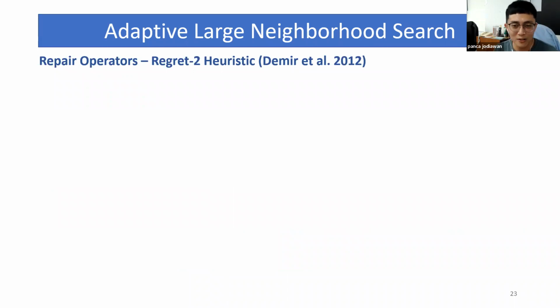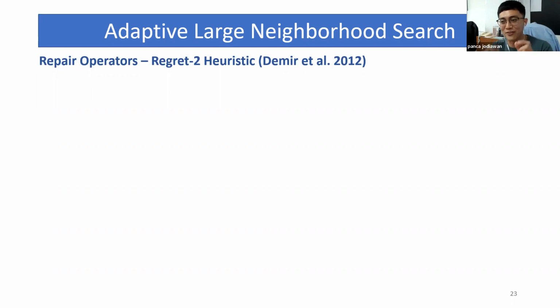In 2012, pardon me, because when I designed the PPT and the code, the regret heuristic in my mind is the version of Professor Emrah Demir. After I designed the PPT, I reread the regret heuristic proposed by Professor Potvin and Rousseau.